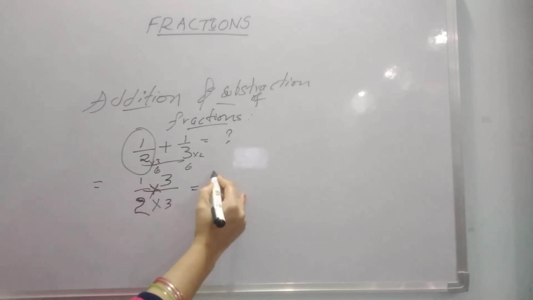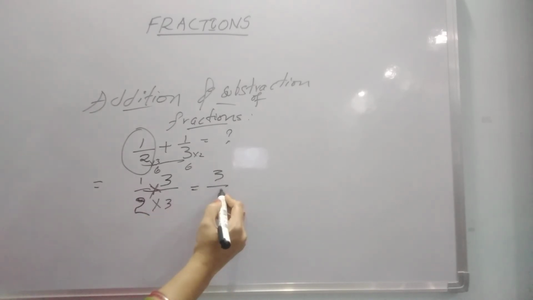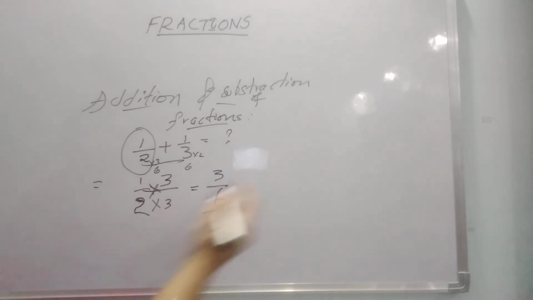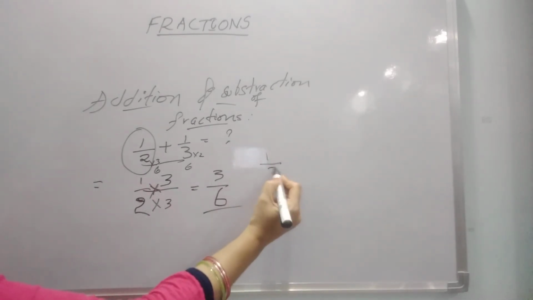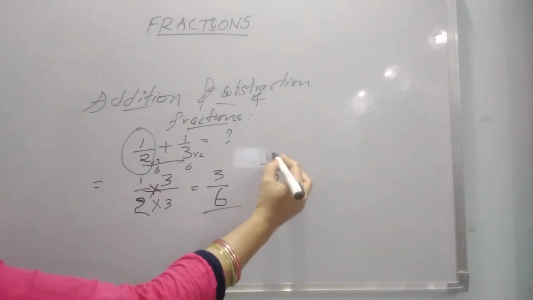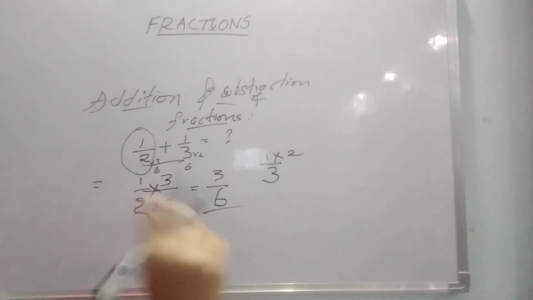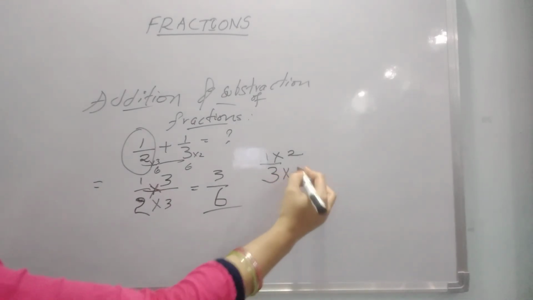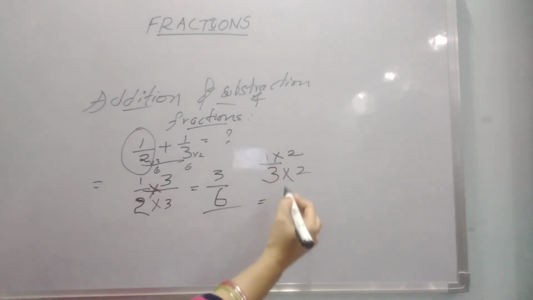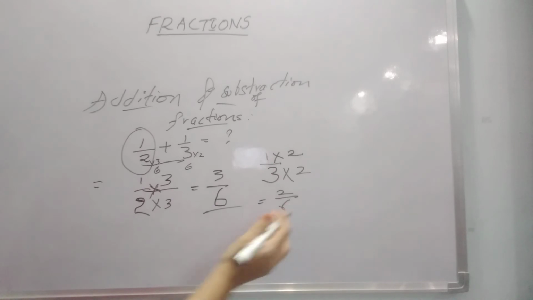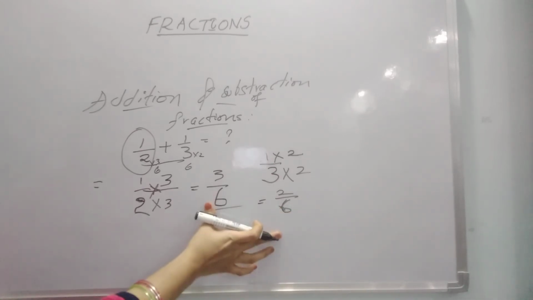What do we get? 3 by 6 here. And next another fraction. What is our other fraction? 1 by 3. Okay, multiply both numerator and denominator by the same number only. So by 2. What do we get here? 2 by 6. Now these two fractions are like fractions.